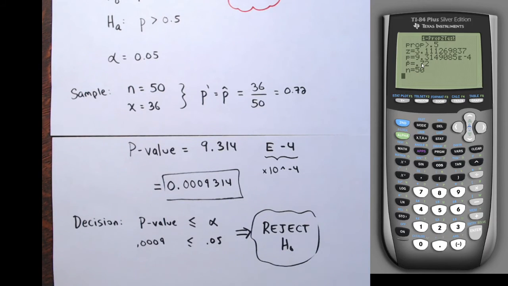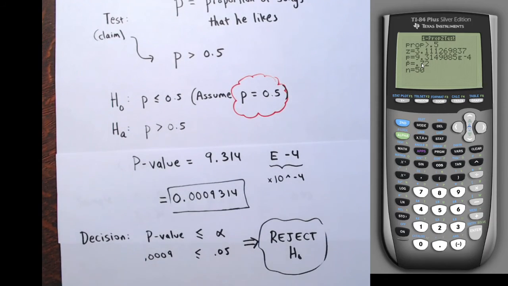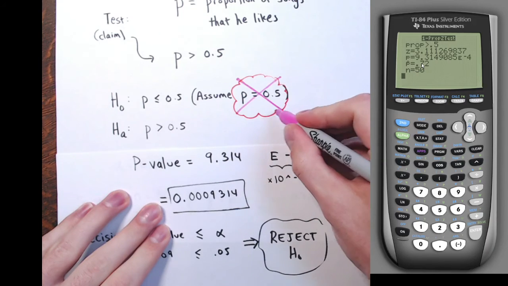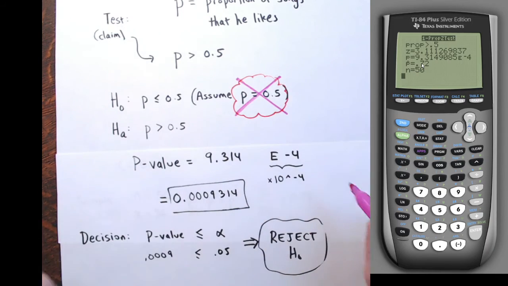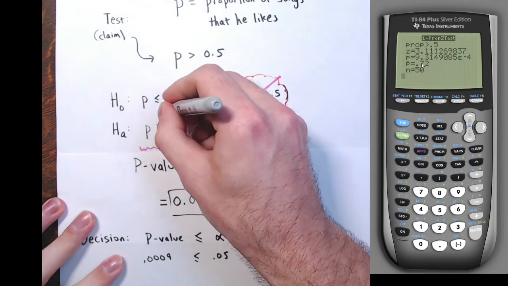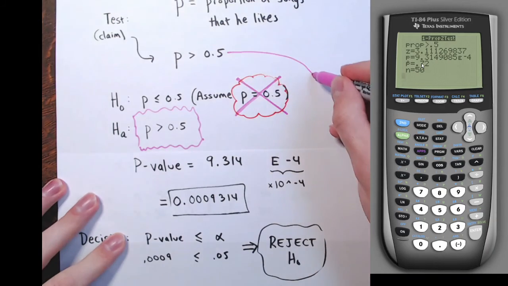So going back to the hypotheses, we are rejecting this statement. Nope, not keeping that. I am rejecting the statement that p is 0.5, and then we'd support, we'd accept the other statement, the alternative hypothesis. And this was the claim.